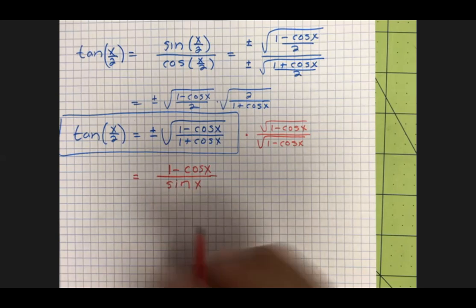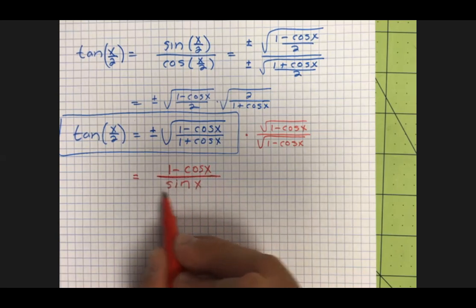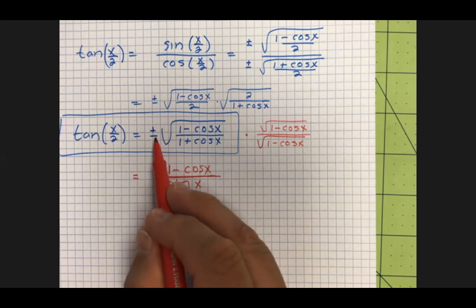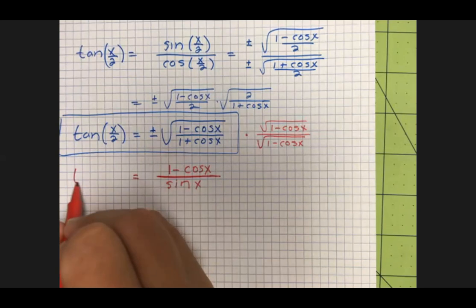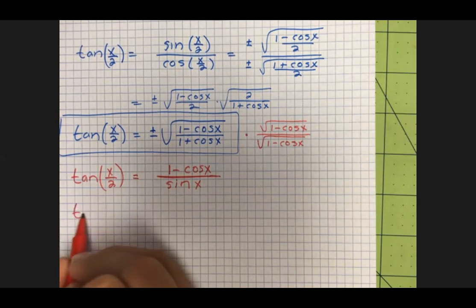So the beauty of this version is I get rid of the square roots. And when I get rid of the square roots, I don't have to choose the plus minus anymore. The plus or minus is automatically baked into the calculation.